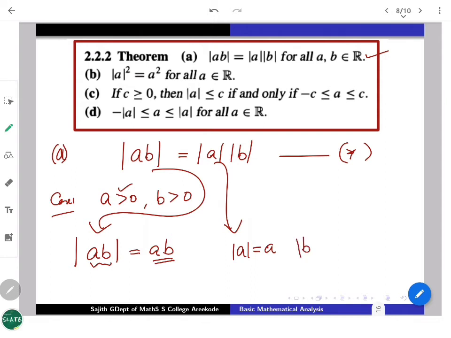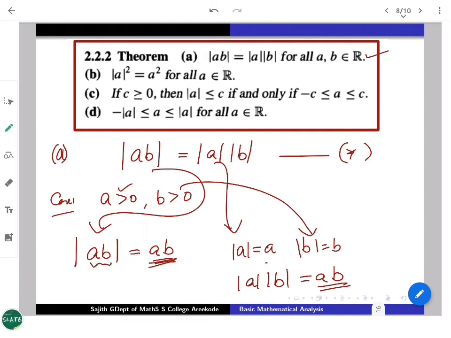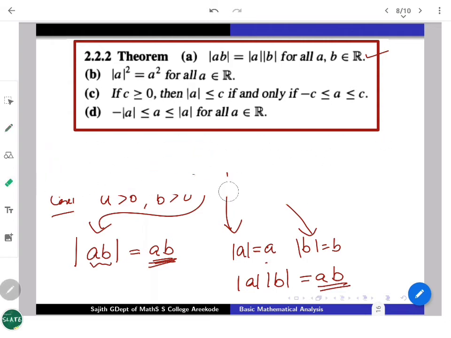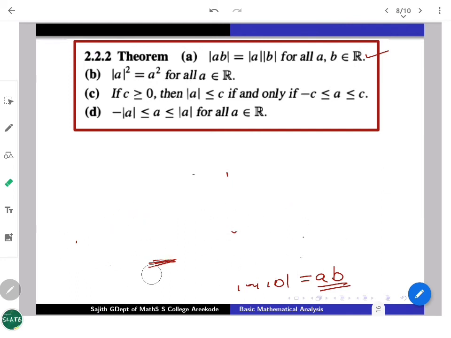Mod b has to be written as b itself because b is also given to be positive. Take their product. So mod a, mod b, the right hand side of star, is also going to be ab. So both sides we are getting ab, both are the same. Right hand side is the same as the left hand side and you are getting the first equality. The star holds. So mod ab is always equal to mod a into mod b. What about the second? The second one is modulus of a square.